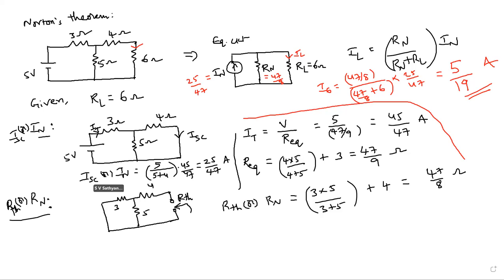For Norton's we need to go with IN, Norton's current, where it is a Thevenin's voltage. The rest of the procedure remains the same. The Thevenin's resistance and the Norton's resistance both will remain the same. Understood by all of you? Yes, sir. All of you note down the solution.